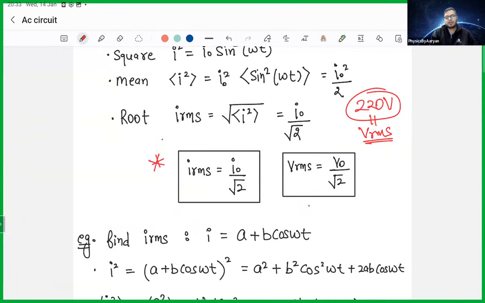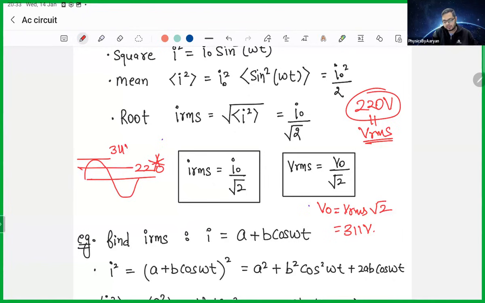But VRMS is 220 volt. It means the maximum voltage in this current is VRMS times root 2, which will be 311 volt. Although the RMS value was 220, the maximum value of voltage was 311.